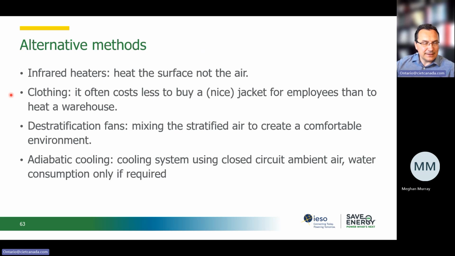Adapting the layers of clothing is also an alternative method. Having various spaces in the facility with specific clothing provided to workers. That's an activity that's related to the activity level.